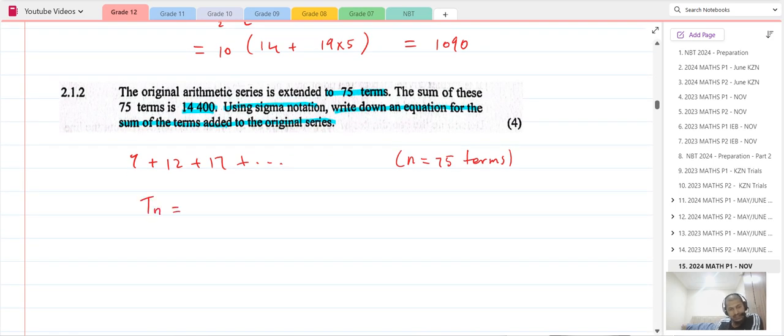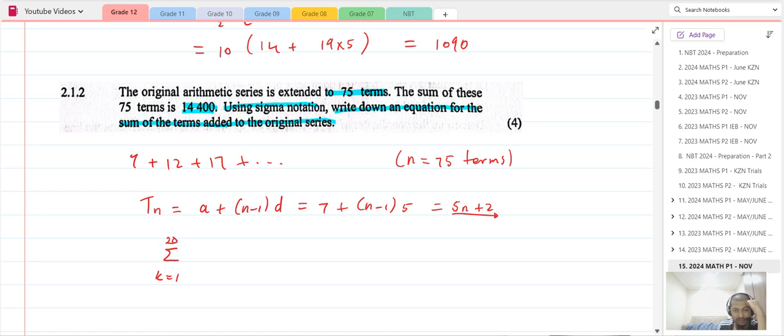So Tn is equal to a plus (n minus 1)d. A is 7 plus (n minus 1) times d, which is 5. So you get 5n plus 2, because minus 5 plus 7 gives 5n plus 2. Sigma, k equals 1 to 20 of 5n plus 2.